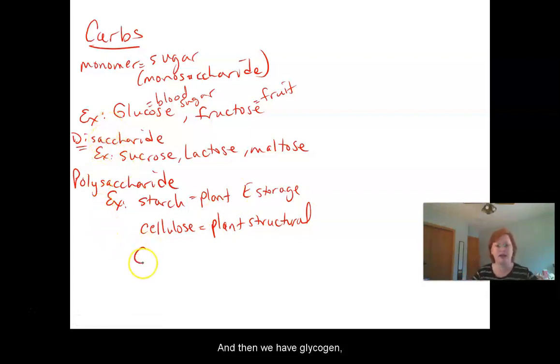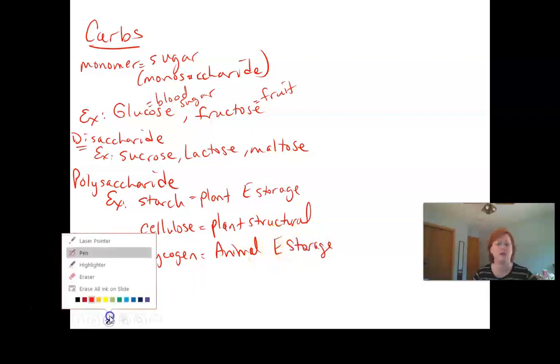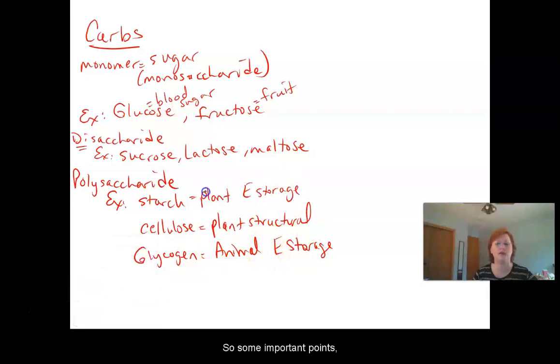And then we have glycogen, which is animal energy storage. So some important points. Starch is digestible, whereas cellulose is not digestible.